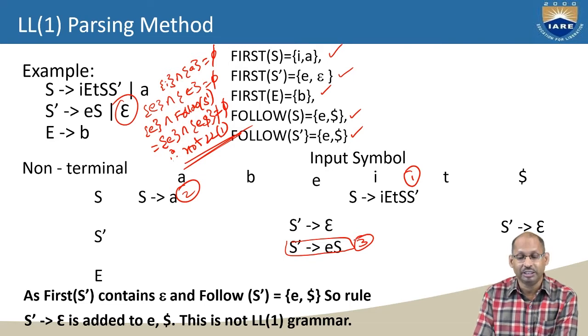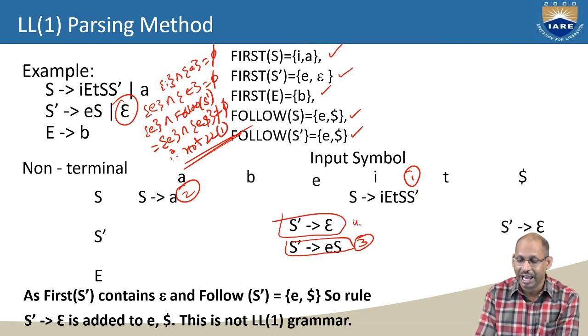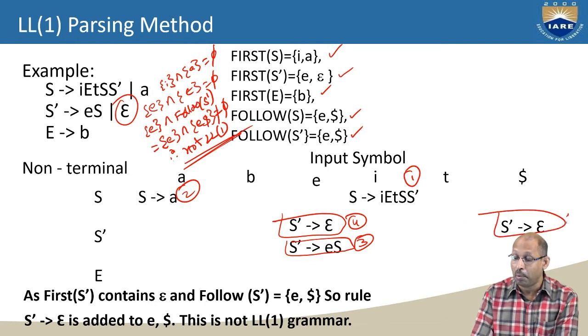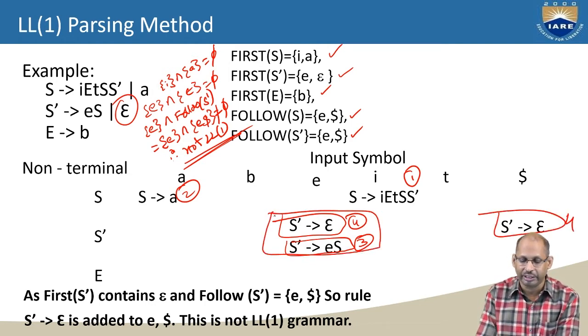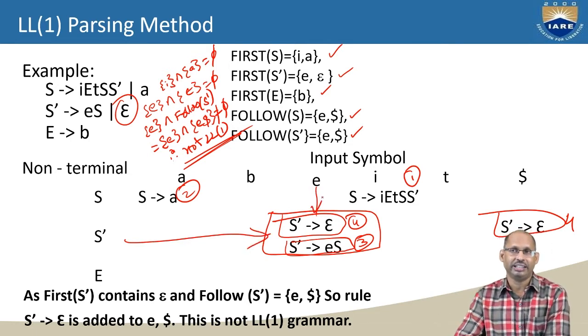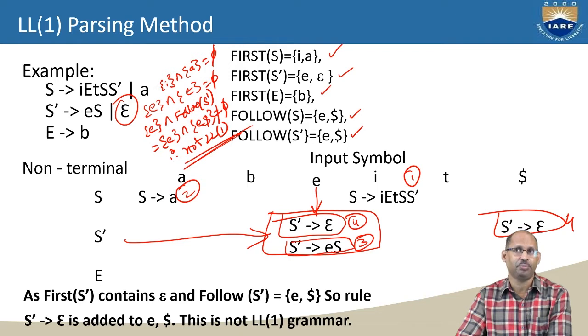But when you consider the fourth production, it results in multiple entries in the parsing table for the combination of the variable S dash and terminal E, which is ambiguous.